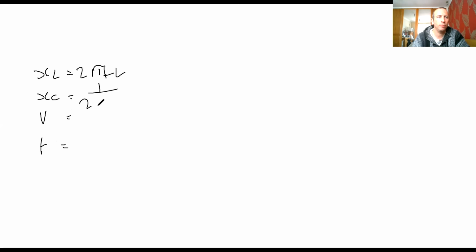For this question we need to remember our XL, XC, we know our voltage, and we need our frequency. That's all we need to calculate everything. XL is going to be 2 pi FL. XC is 1 over 2 pi FC. So we need L and C to be able to calculate those two equations.